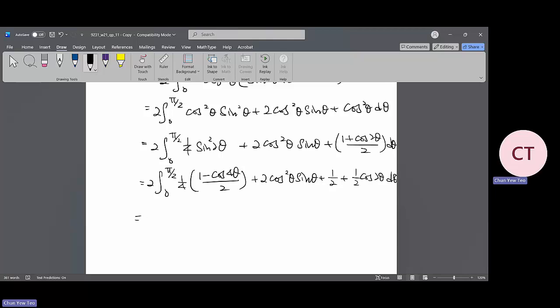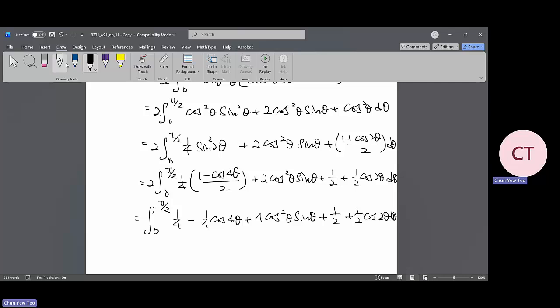Then I think we can multiply the 2 inside so that we can get 1 over 4 minus the 1 over 4 cos 4 theta plus the 4 cos square theta sine theta plus a half plus the half cos 2 theta d theta.